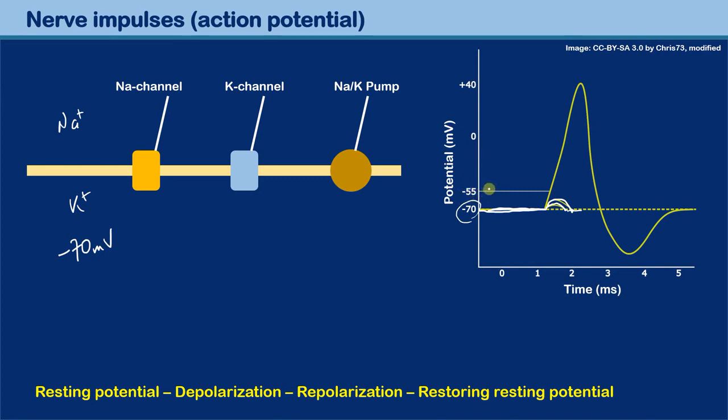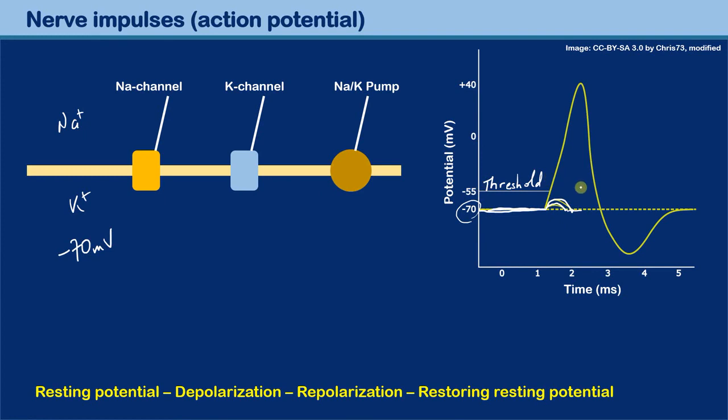That's called the threshold. Where do I write this now? Shall I write threshold? The threshold level, and once it passes this threshold level, it's really gonna start depolarizing. That's when the nerve cell starts firing. If you're too weak, nothing's gonna happen. It's gonna go back to the resting potential.